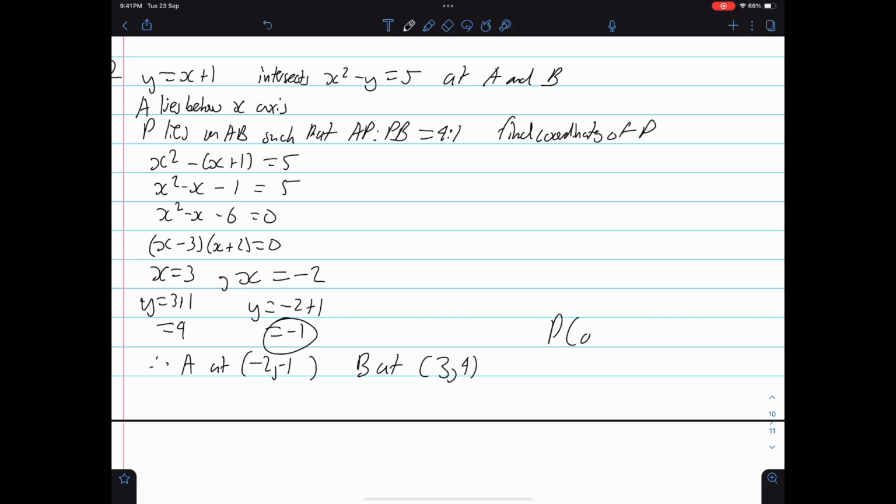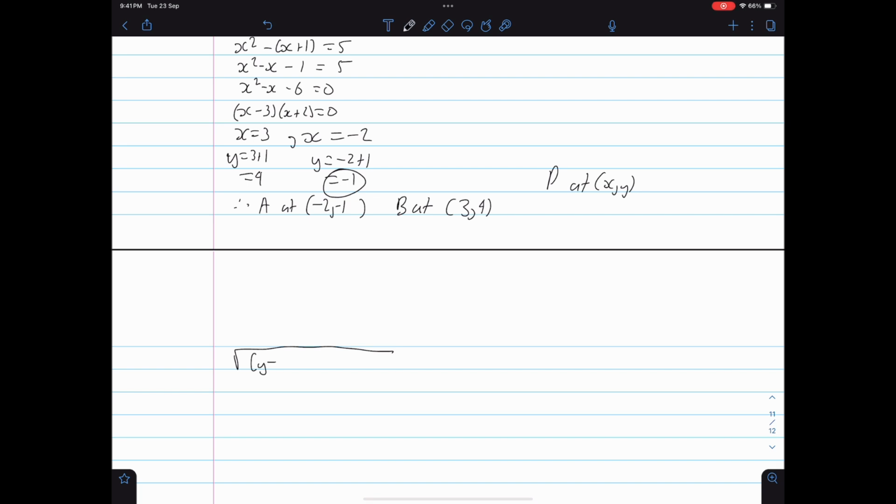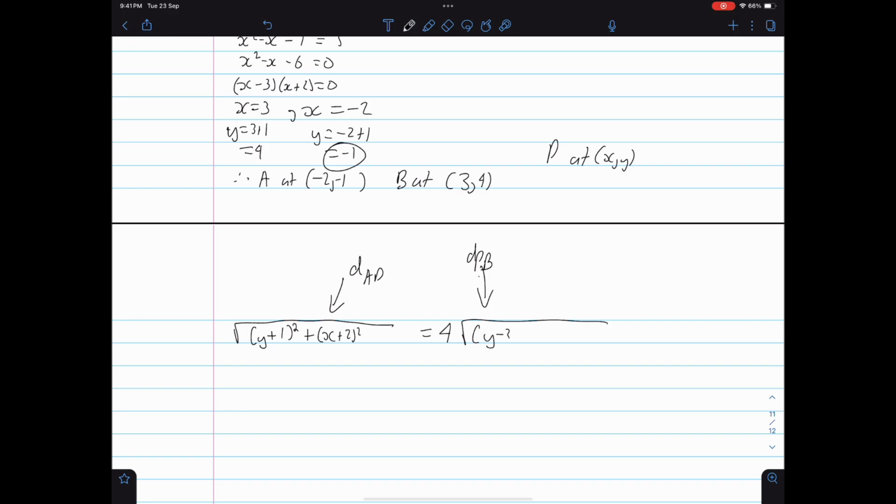And now let's say P is at x and y, we'll say. y minus 1, which is just positive 1, squared plus x plus 2 squared, as we're looking at, this is our distance between A and P. That is equal to 4 times the distance between P and B. So that's y minus 3 squared plus x minus 3 squared and y minus 4 squared.